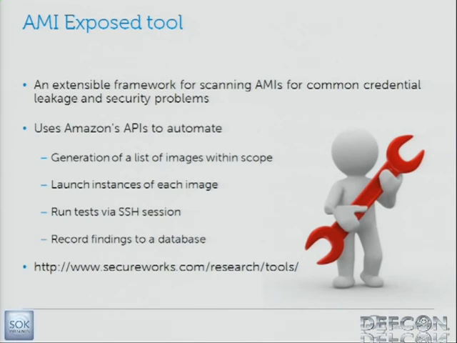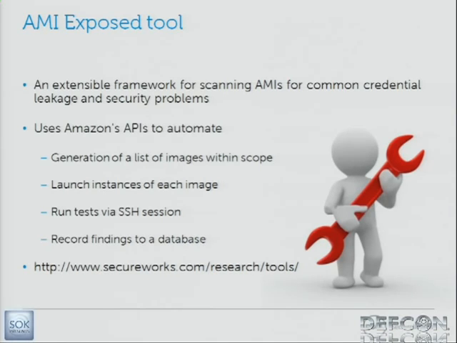It's a framework essentially for scanning AMIs for these credential leakage patterns. I tried to follow a model similar to what Metasploit does, although my code's nowhere near as elegant and nowhere near as capable. But in a similar vein, there are test modules that you can plug in to add new functionality with very little code, and leverage the existing classes and object model to add new tests.